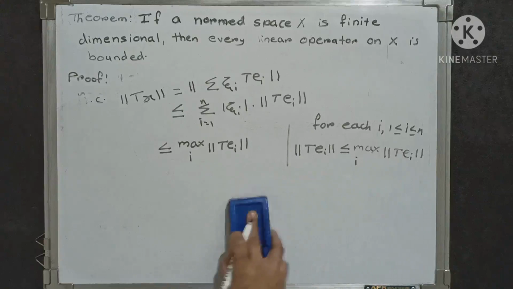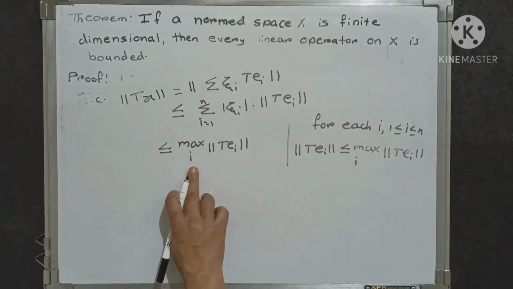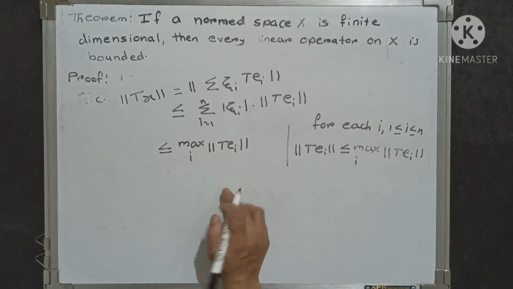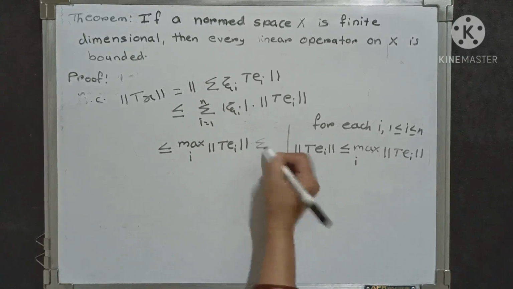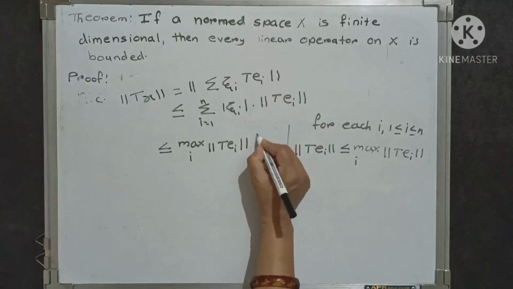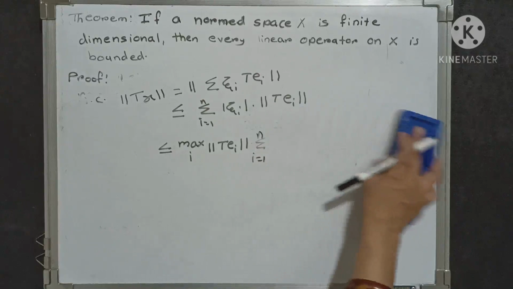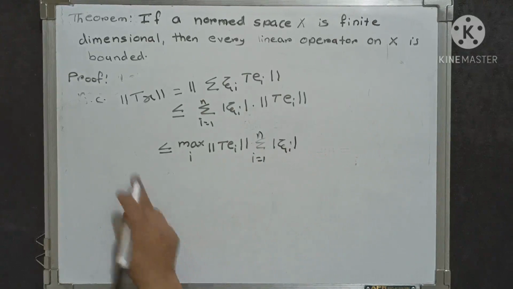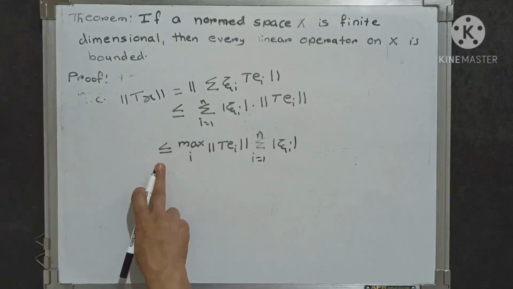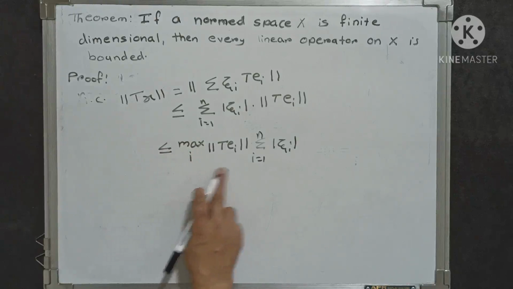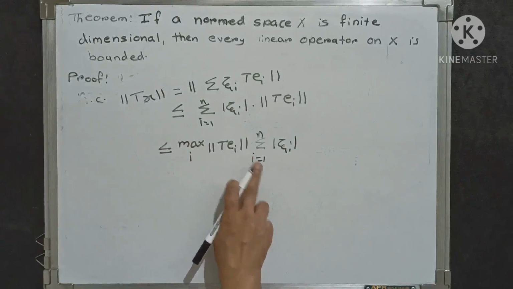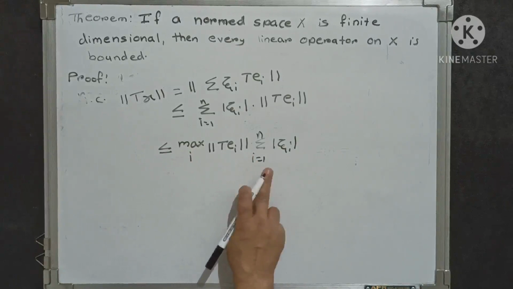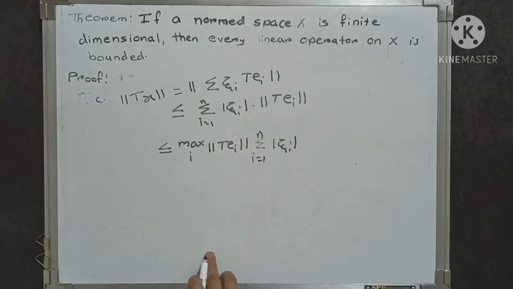Therefore we can write this is less than or equal to maximum over i norm of T e i times summation i from 1 to n of mod of xi i. That is, the norm of Tx is less than or equal to maximum over i norm of T e i times summation i from 1 to n of mod of xi i.